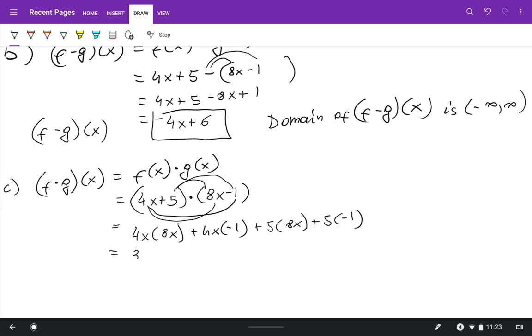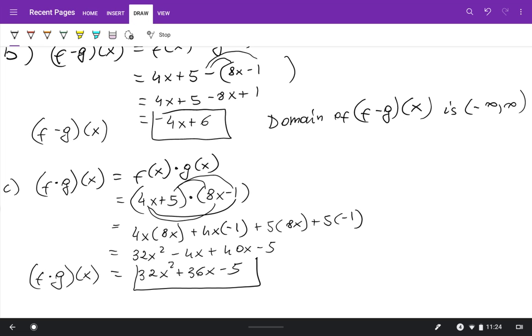So we're getting 32x squared minus 4x plus 40x minus 5. That will give us 32x squared plus 36x minus 5. So this is the product. This is f times g of x.